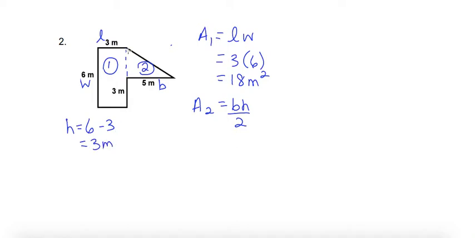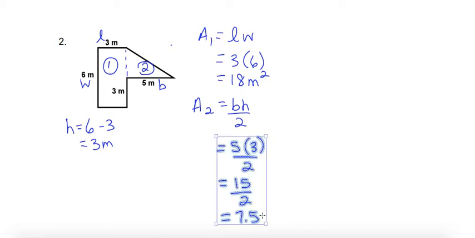So now the height of this triangle is 3 meters. So I have 5 times 3 divided by 2, or 15 divided by 2, which gives me 7.5. I have to include my units, which is meters squared.